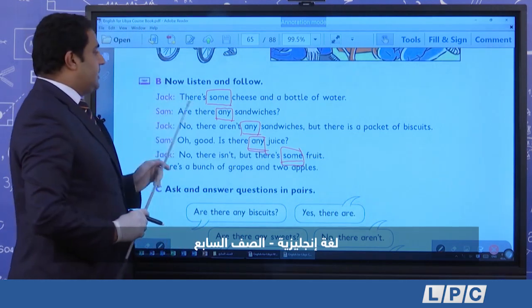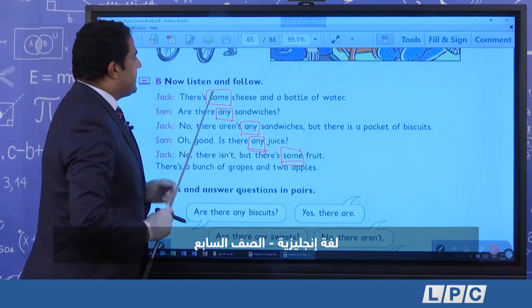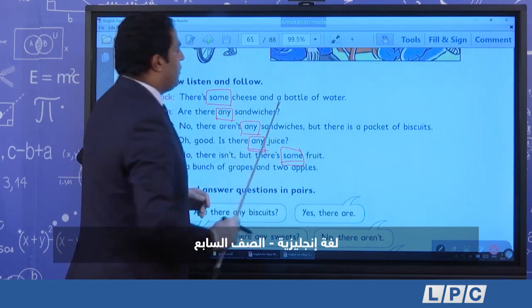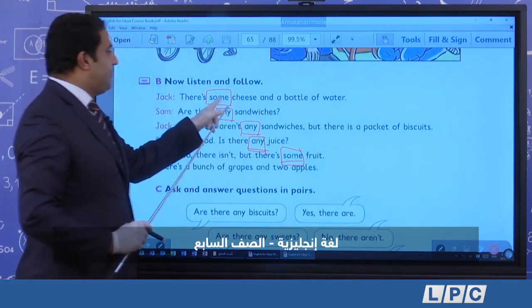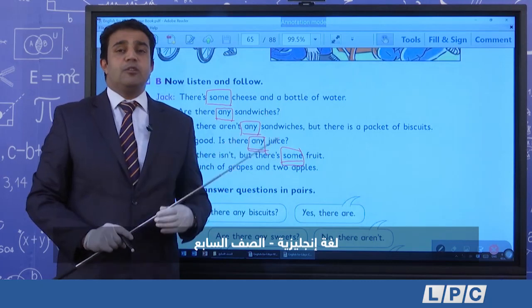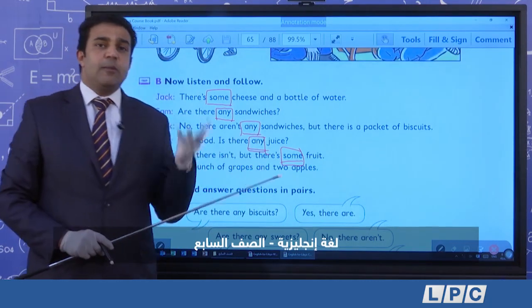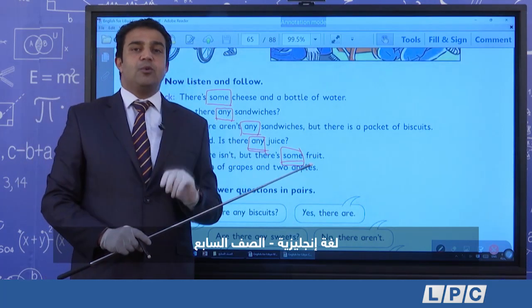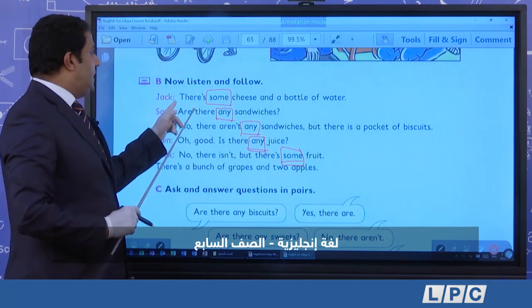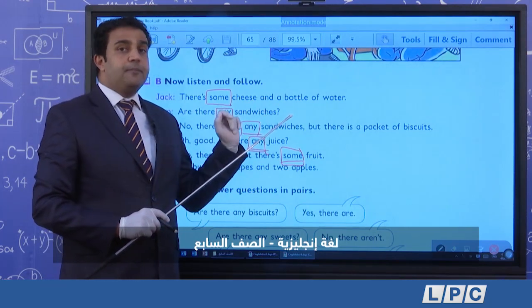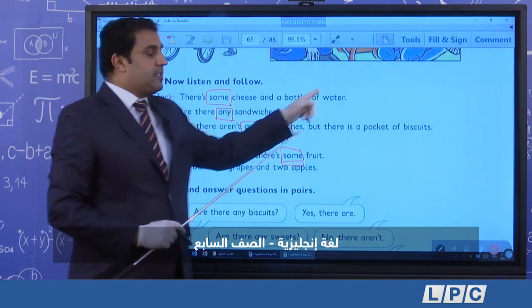Look at the difference between some and any in these two sentences. There is some cheese and a bottle of water. What kind of sentence is it, positive, negative or question? Is there a negative word here? No. Is there a question mark?